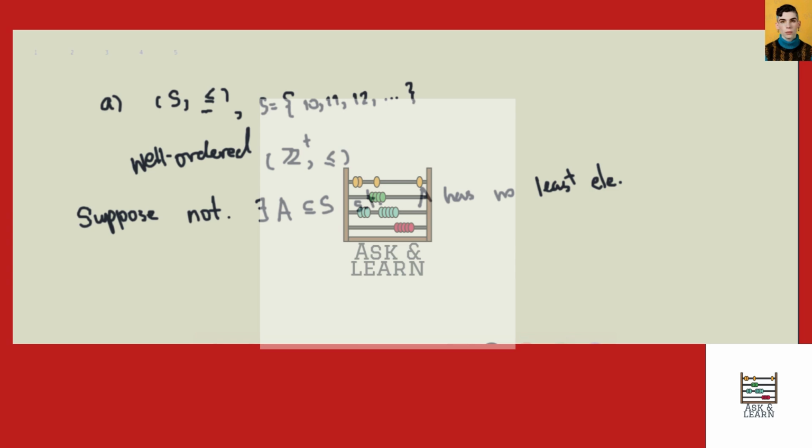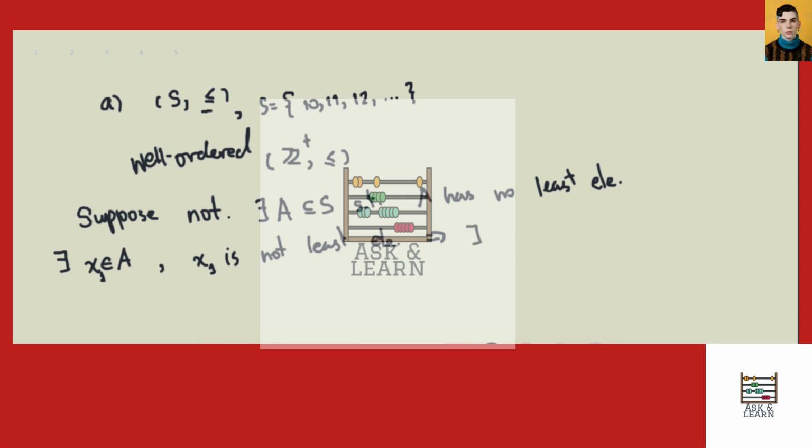But A is not empty, so there is an X in A. We know that there is something in A, and X can be the least element, and so what does that mean? We will call it X1. We will start a sequence.